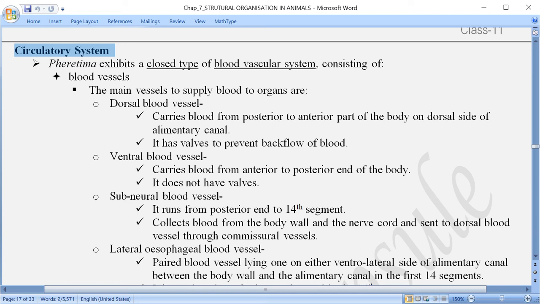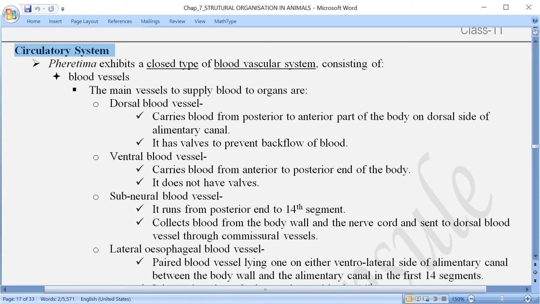In one way, we can say that the cells and the tissues are found bathing in the blood. Whereas in the closed circulatory system, because of the presence of blood vessels, the blood never goes outside the blood vessel. It is confined to the blood vessel only.